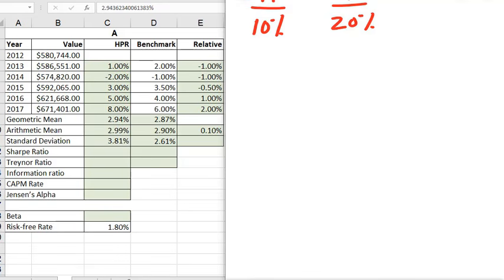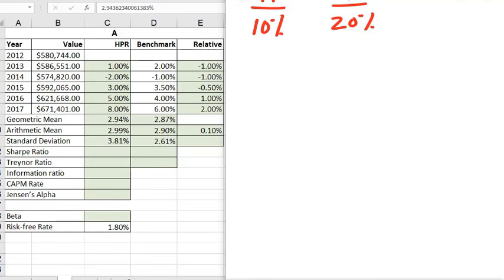We would say, oh, B did a lot better, but we have to ask ourselves, did it do a lot better because of risk or because it was just better performance? Because we have that maxim that says the greater the risk, the greater the potential returns. And so if you're earning a greater return, it's probably because you've been exposed to greater risk and not because you're a super duper investment manager.